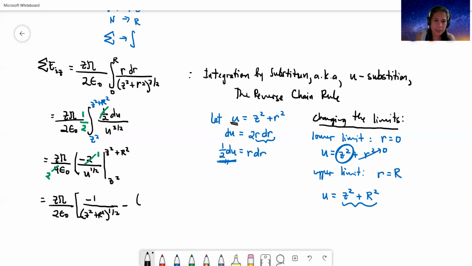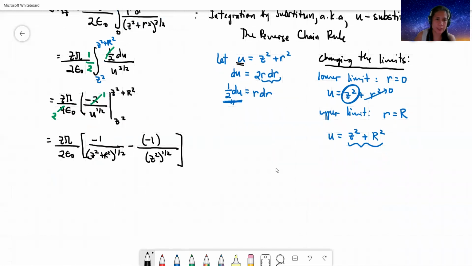Minus another -1 here, because it's really -1, right? Over the lower limit is z squared and then raised to 1/2. Okay, so we just simplify this. This will become z over 2 epsilon sub naught.